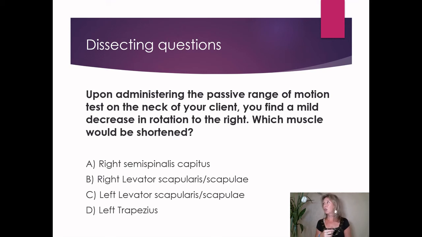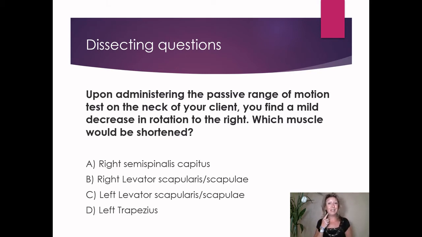Something's not letting me turn my head. Think about it. Which side is it on, left or right? If I can't turn my head to the right, it's like something's pulling over here, right?